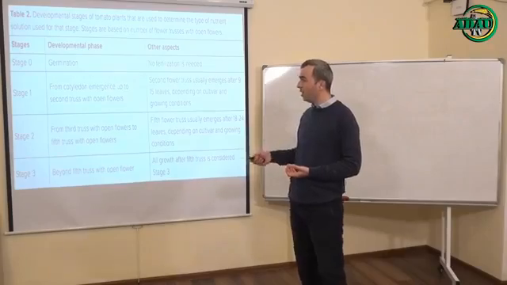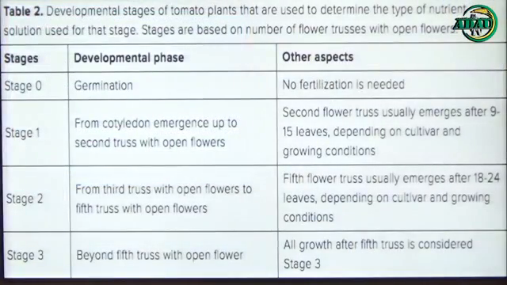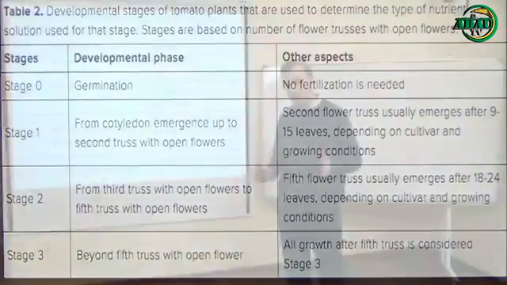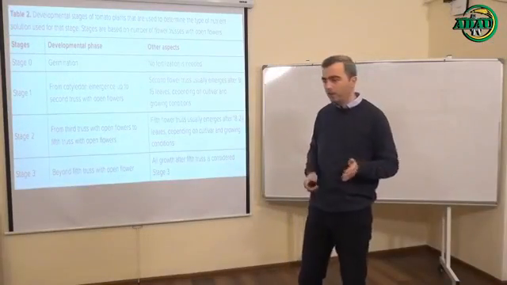On stage 1, everything starts, from cotyledons up to the first 2 open flower trusses, on a plant that has from 9 to 15 leaves at that stage, marked as stage 1.